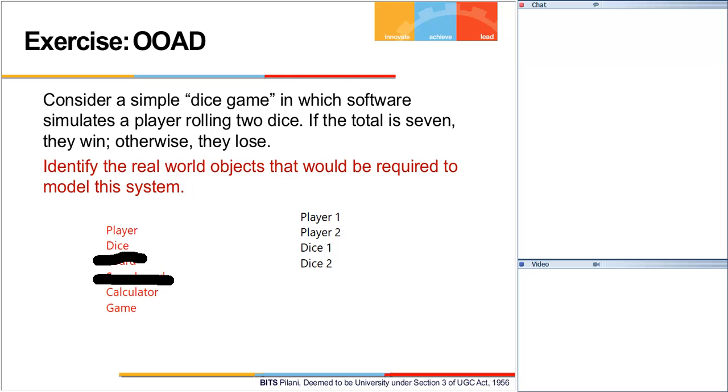Do I have a calculator? Does it anywhere say I need a calculator? No, I don't have a calculator. There is no need of a calculator or a scoreboard, nor do I need a game.